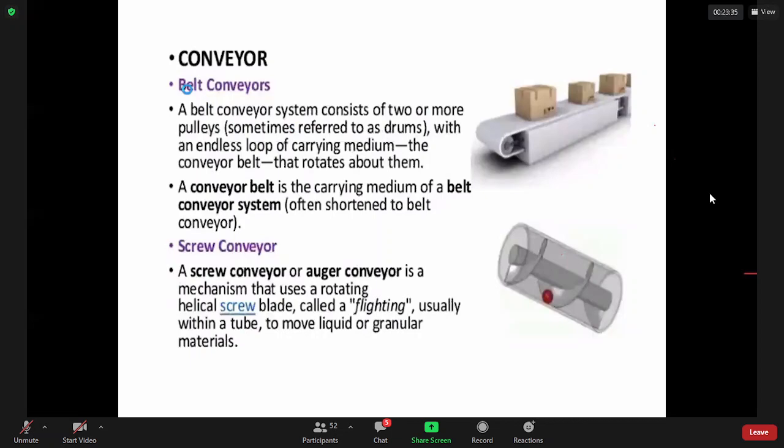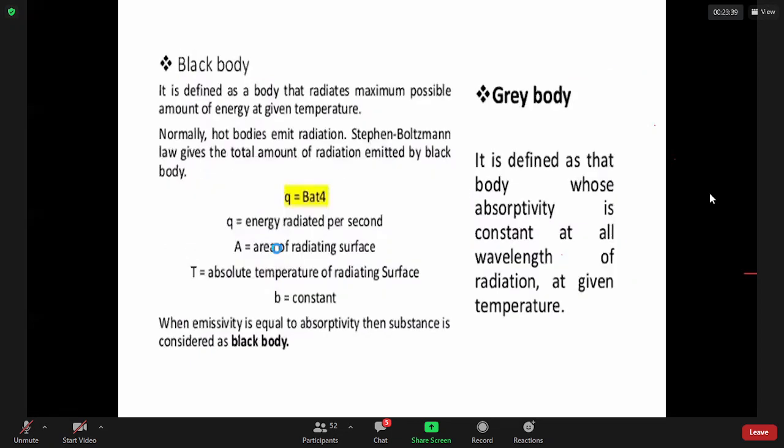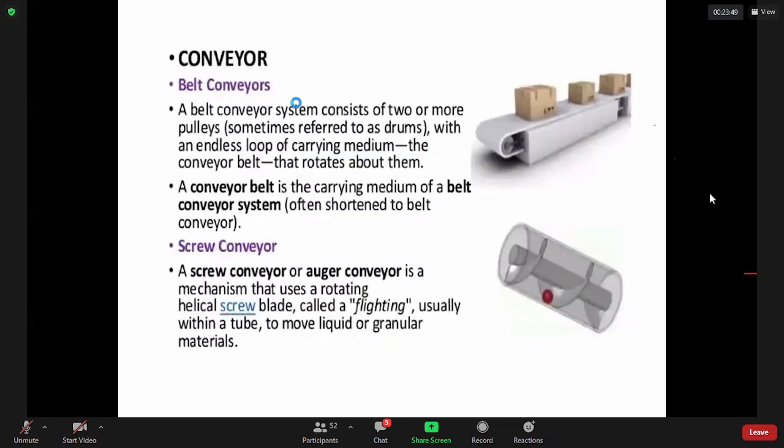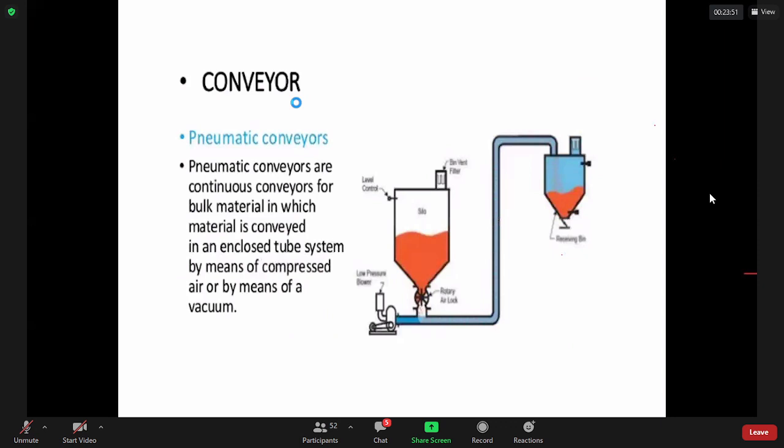For example, belt conveyors, screw conveyors, pneumatic conveyors, and what do they do? These ones are really very well explained in this. And this is actually mass transfer, the conveyors. We have conveyors which can even transfer people from one point to another.